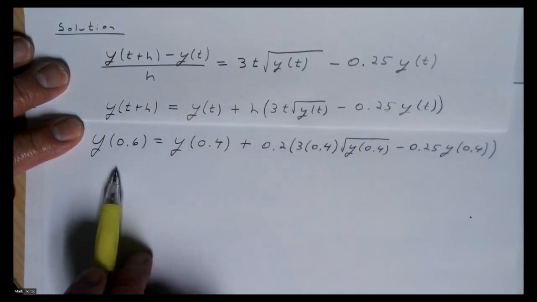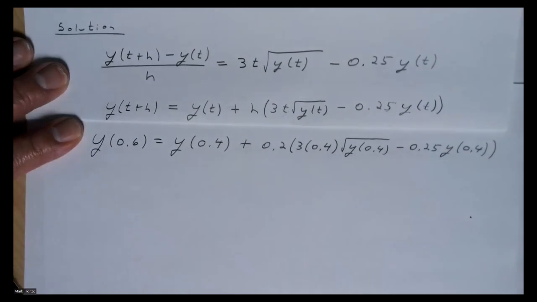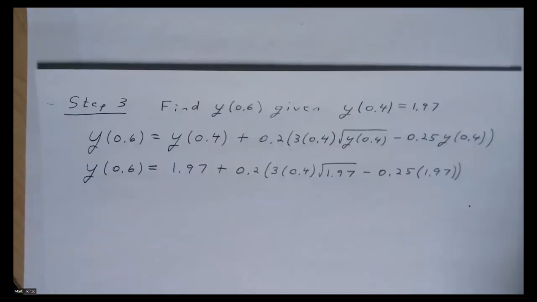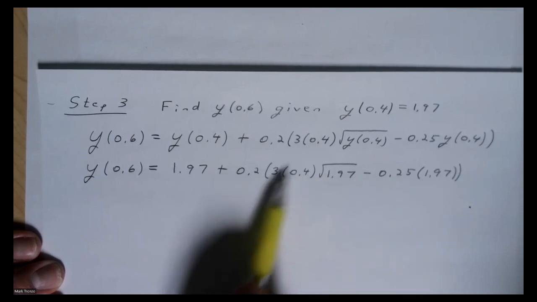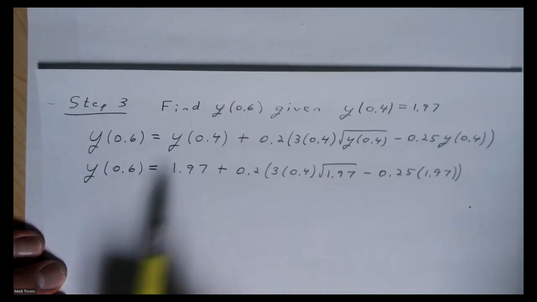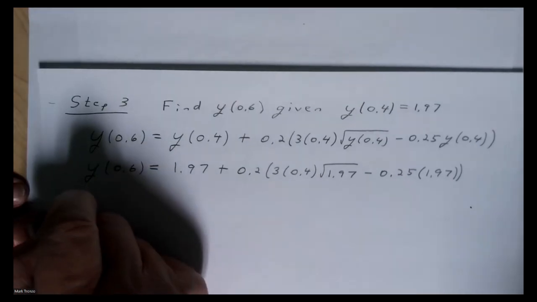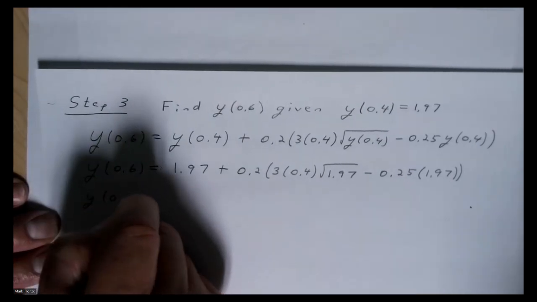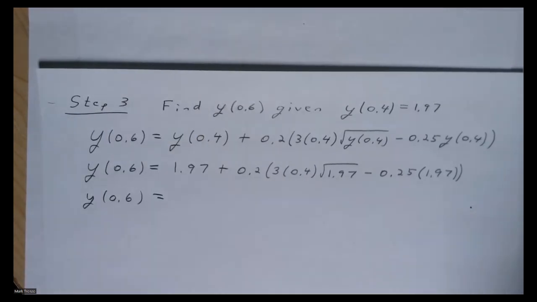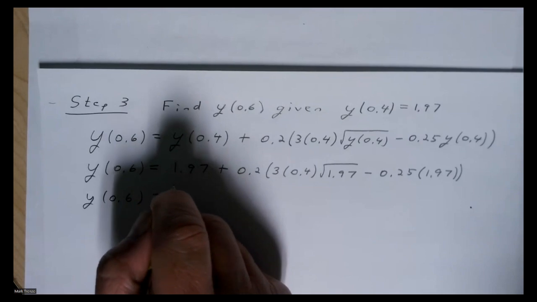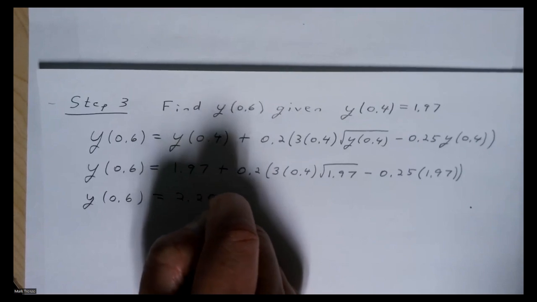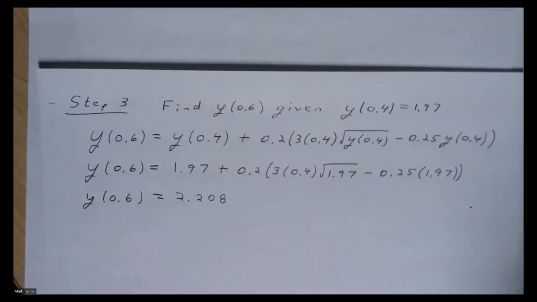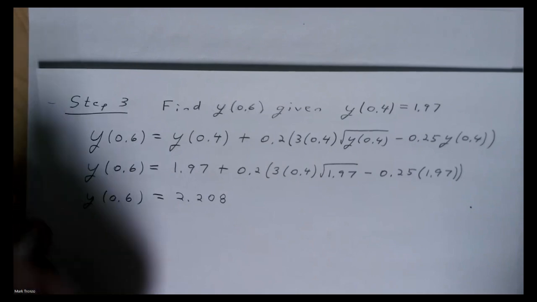On the left-hand side, we have 0.6. Now we'll substitute the values into that. I substitute our values, 1.97, 1.97, 1.97, and that's going to give us 2.208 roughly. And so now let's go to the next step.